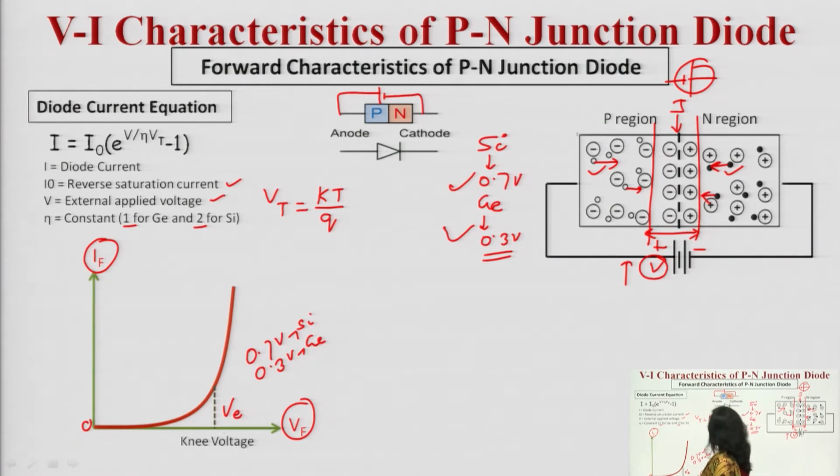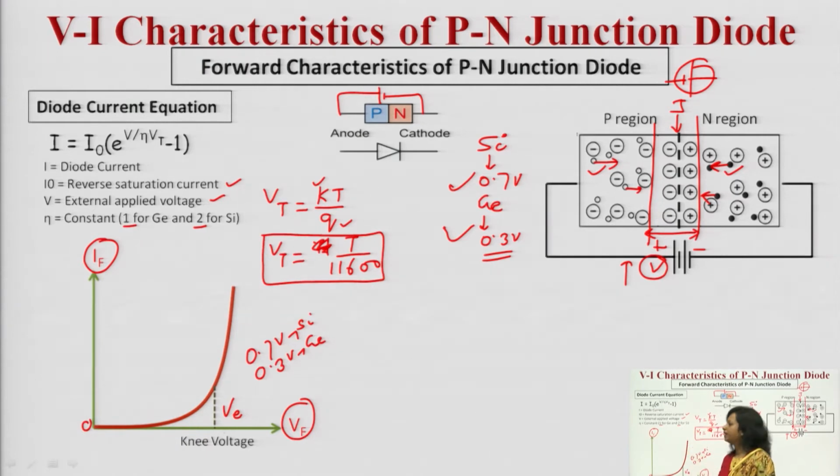If you substitute the values of K and Q, you will get Vt as T upon 11600. So, this is the value of Vt, the volt equivalent of temperature. Just substitute it and accordingly you can calculate the current which is passing through the diode, right. So, this is the VI characteristic curve in forward bias.